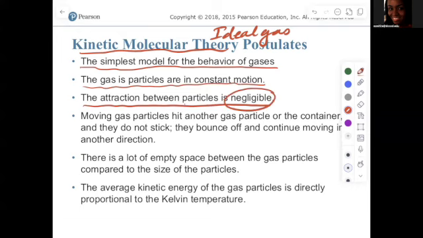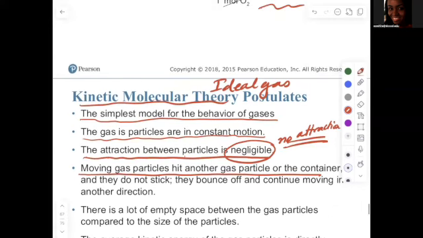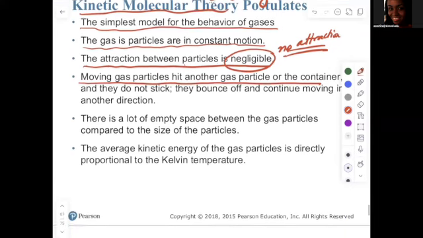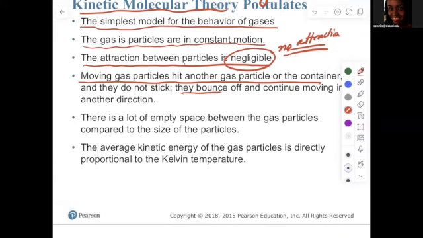You can almost say there's no attraction because it's so small. Moving gas particles hit other gas particles or the container, and they do not stick together because they have elastic collisions. They bounce off and continue moving in another direction, not losing energy, as though the collision never happened.